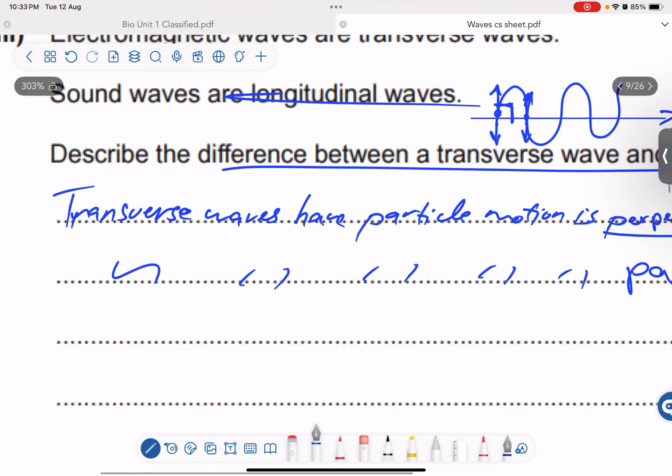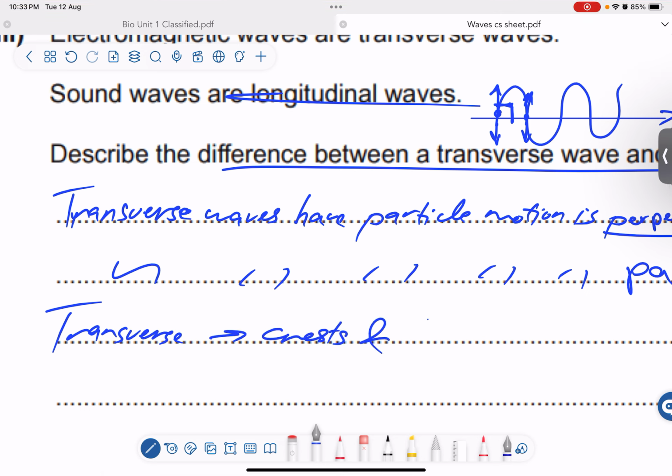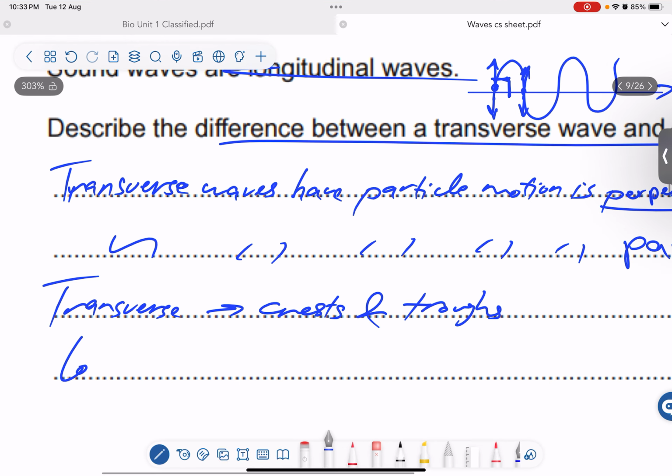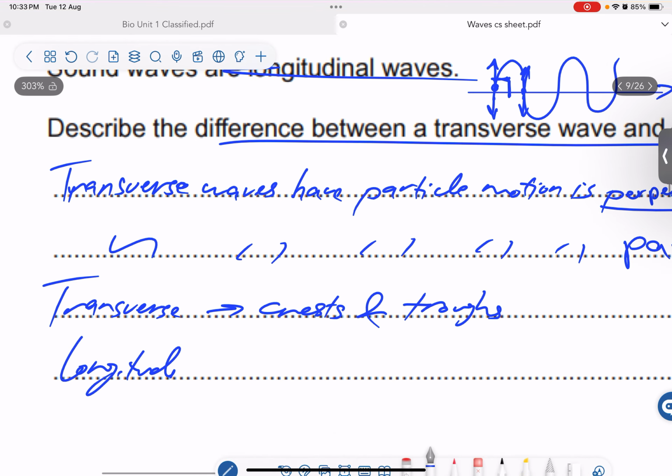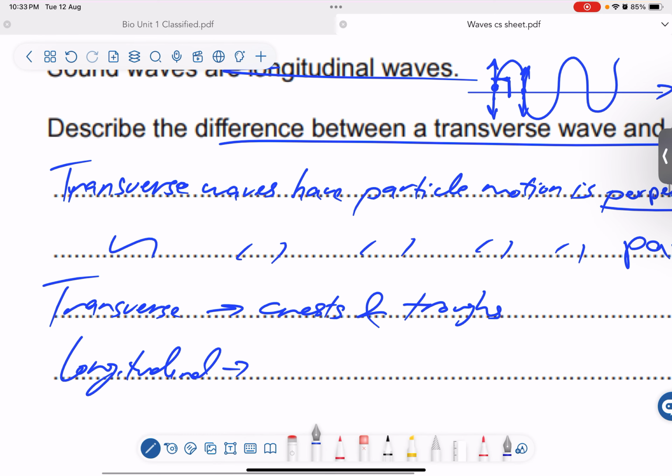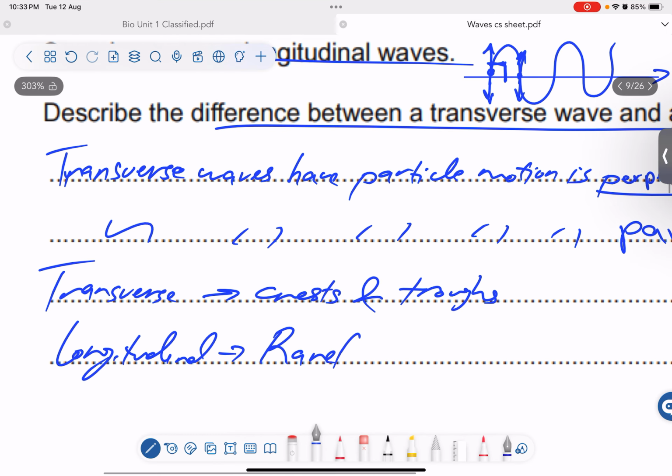Then you can say that transverse consists of crests and troughs. However, longitudinal consists of rarefactions and compressions. This is usually not credited in the marking scheme.